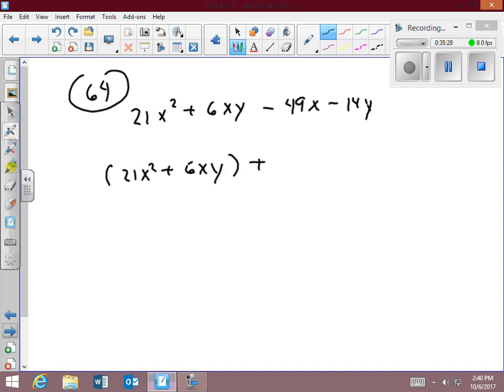Put a plus and put my signed terms inside the bracket. What's common in the first group? Well, 21 is 3 times 7 and 6 is 2 times 3, so what do you got common? The 3. And then in terms of the variable, an x.